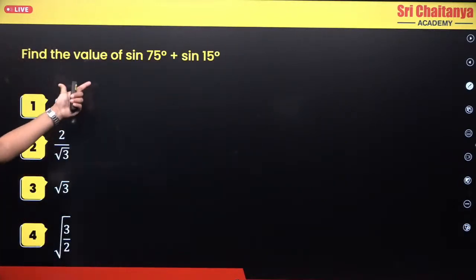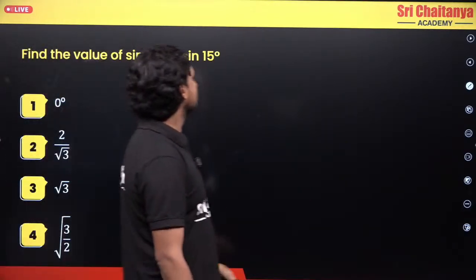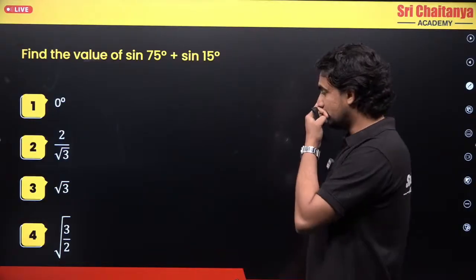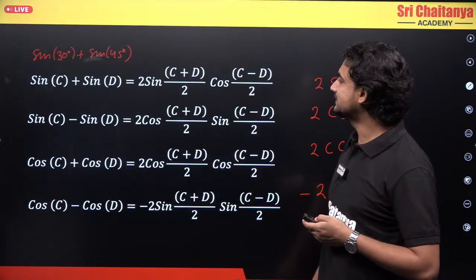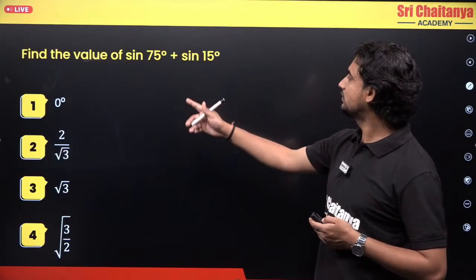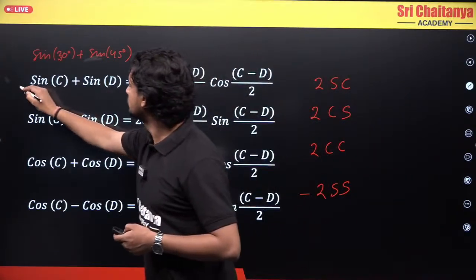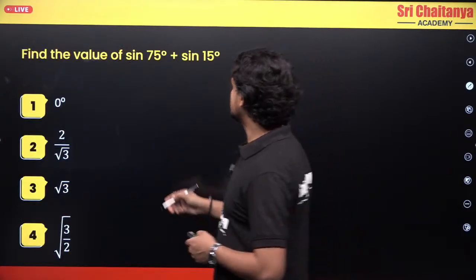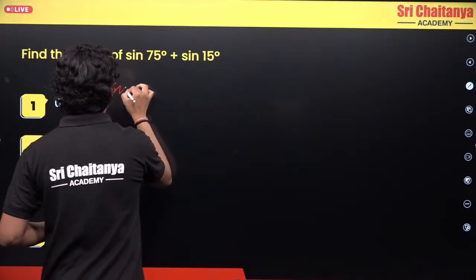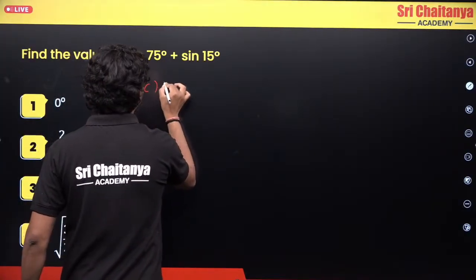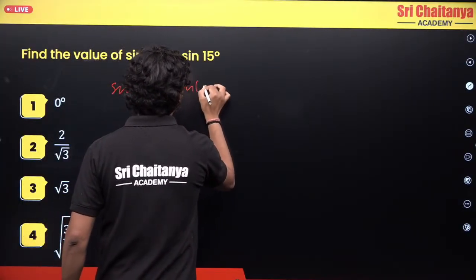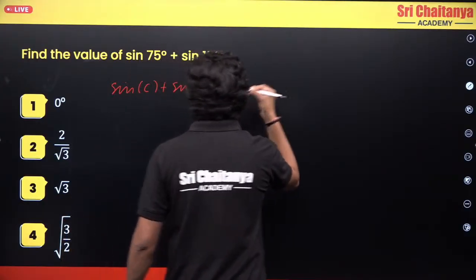So find the value of sine 75 plus sine 15. So what do you think should I use? Okay, so can I use the first formula here? Sine C plus sine D. So I'll use the formula for sine C plus sine D. What is this? 2 SC, no?